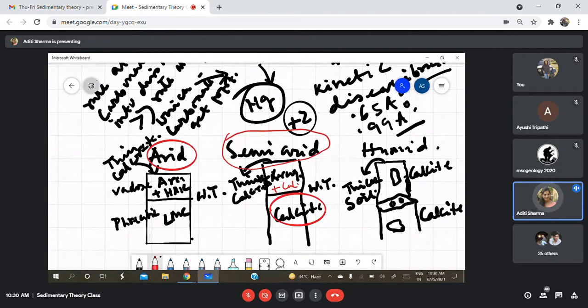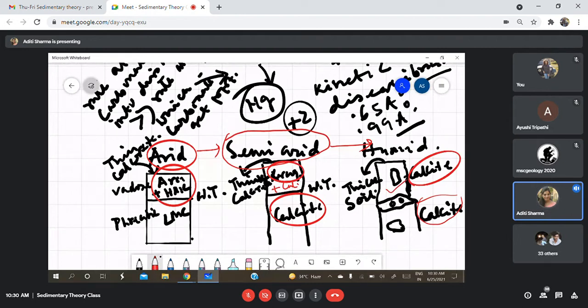Now coming to the humid, you have a thick soil. You have a lot of vugs and karst, and the mineralogy is fully calcitic. No aragonite or high Mg calcite is stable. So as you go from arid to semi-arid to humid, you expect more unstable mineral in an arid climate, a little amount of unstable mineral in the semi-arid, and you do not expect any unstable mineral in the humid.